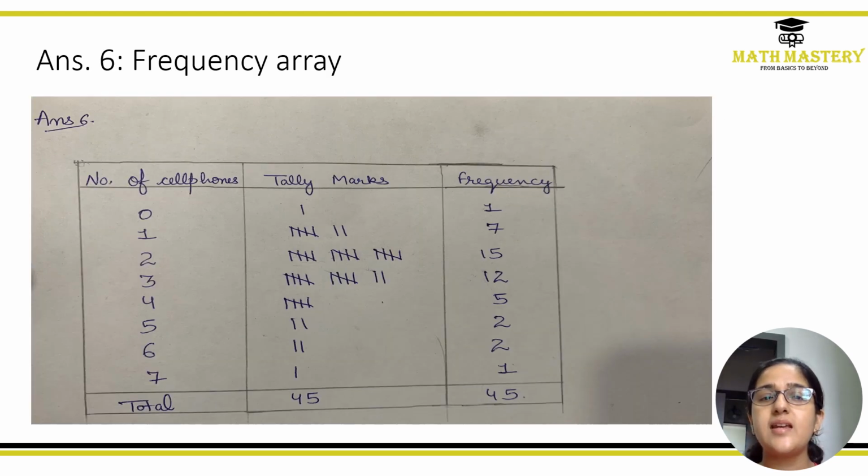Corresponding to it we have calculated the tally marks and then the frequency. So this is a frequency array. You can see that the total frequency is 45, as there are 45 families. So I hope this is clear.